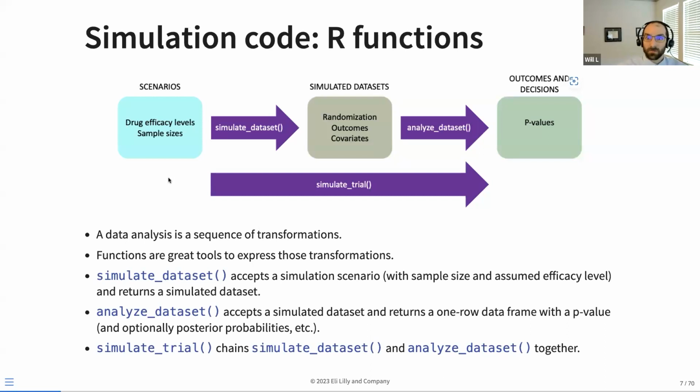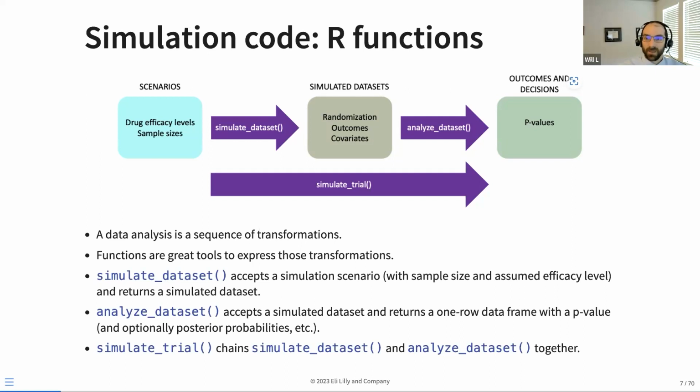All right, so we have an example trial. We know why we're designing it this way, and we want to express this in terms of code so we can run a simulation to find that optimal sample size. Before we begin, I'm going to recommend that we take a function-oriented approach here.